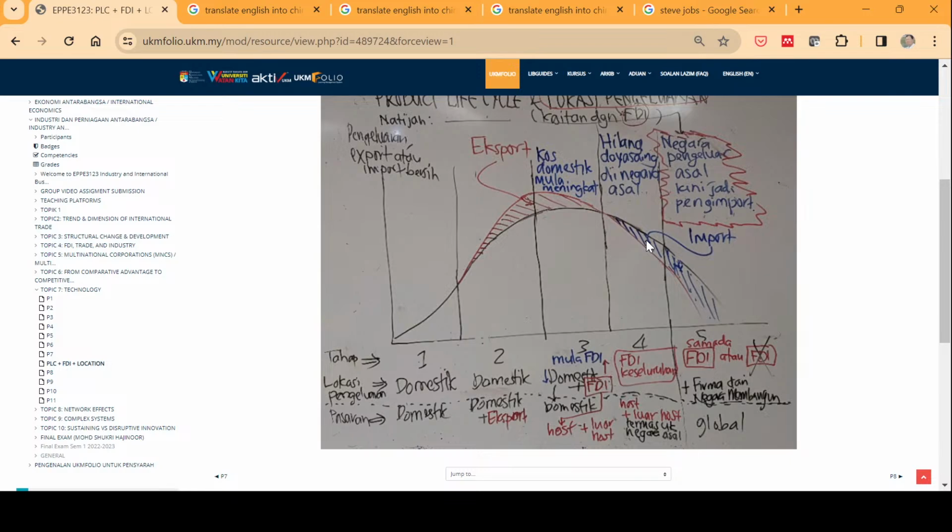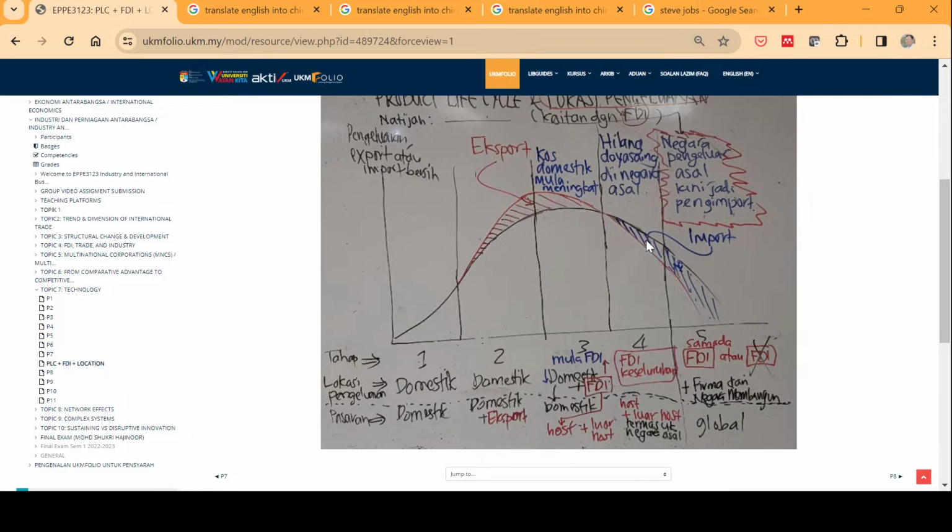The country which is the origin of the product is now becoming the importer of that product.